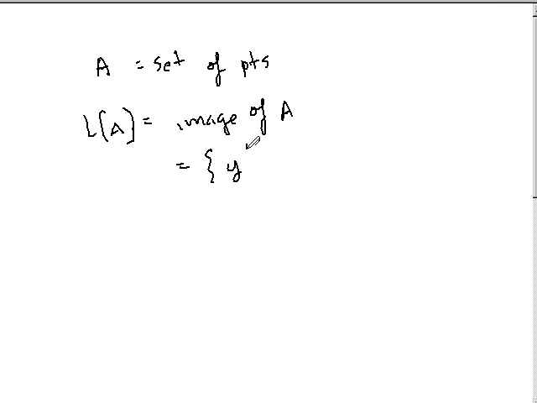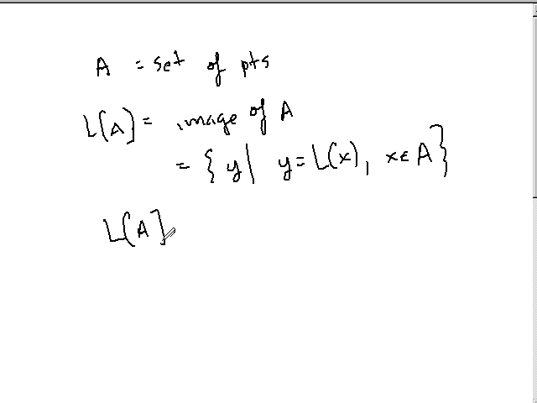It means it's the set of all y such that y equals L of x, where x is an element of A. So the question is: is L of A contained as a subspace of A?